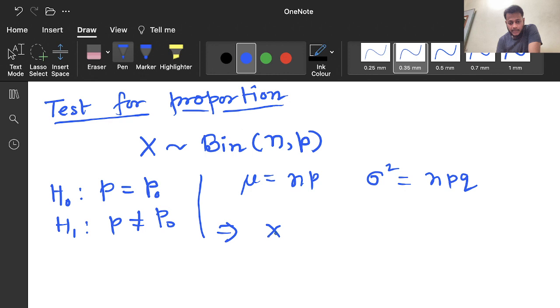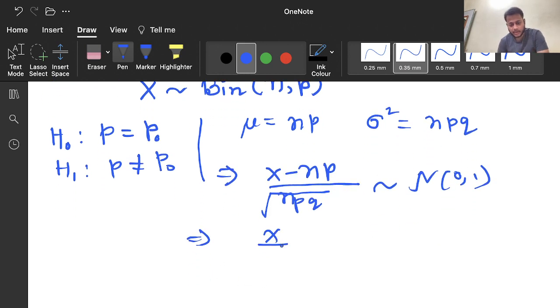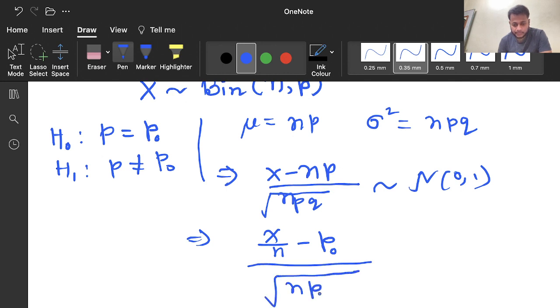That means (x minus NP) by root over NPQ should follow the normal 0 1 distribution, or you can write it as (x by n minus P naught) by root over P naught Q by n, where Q means 1 minus P naught, follows the normal 0 1 distribution.